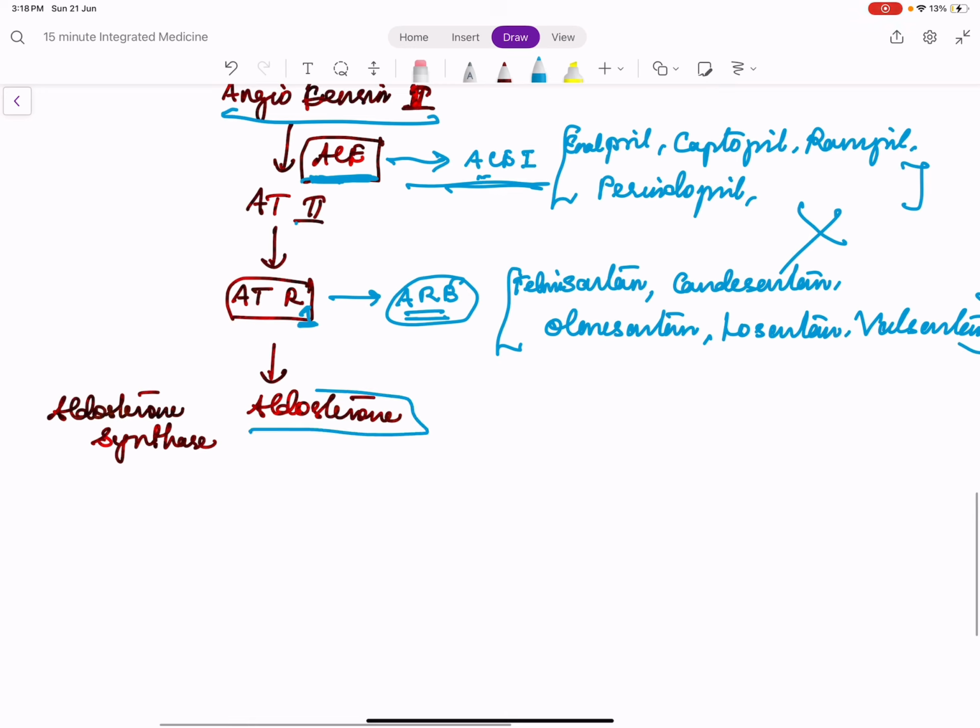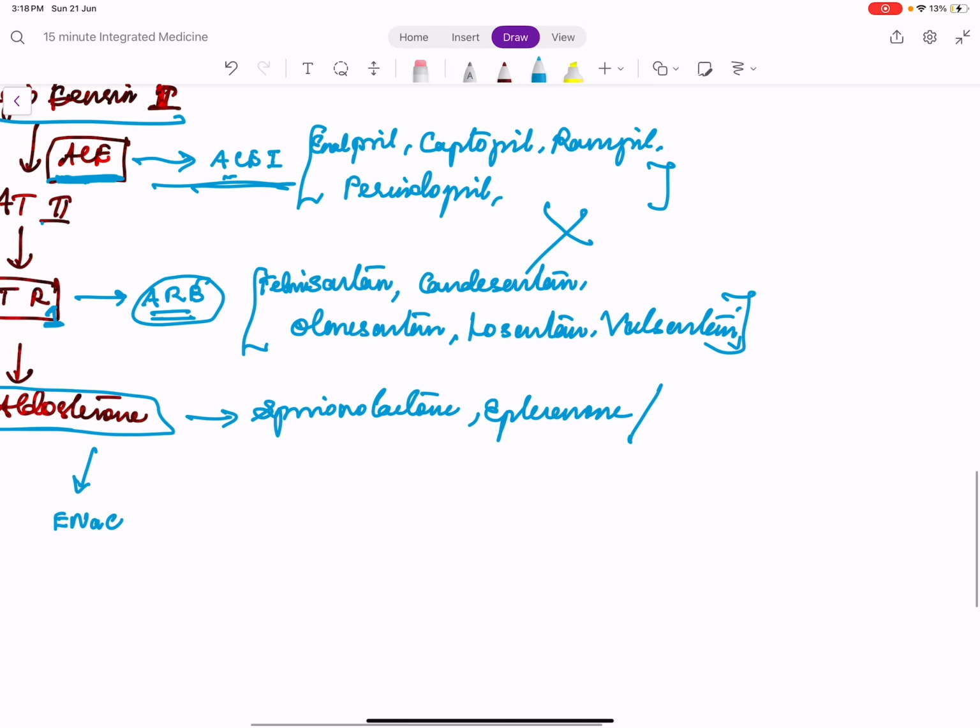Next is aldosterone. I told you aldosterone acts by increasing epithelial sodium channels. So we have some drugs which are aldosterone receptor blockers, which prevent aldosterone from binding to the aldosterone receptor. One is spironolactone. Next is eplerenone.